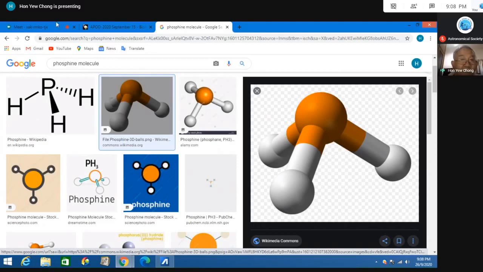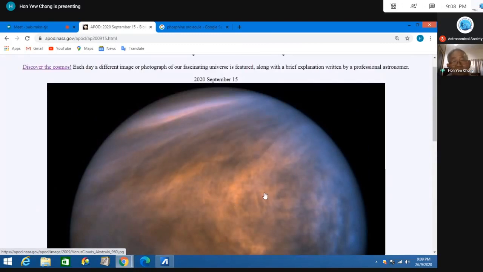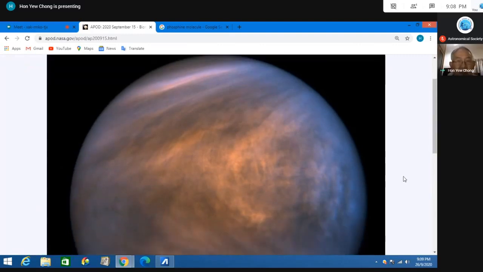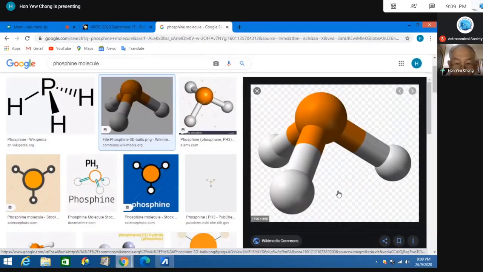So they detected phosphine where? In the middle layers of the clouds of Venus. And this really surprised astronomers, because from what we have studied on the Earth, the molecule phosphine is usually produced by living organisms, like bacteria.